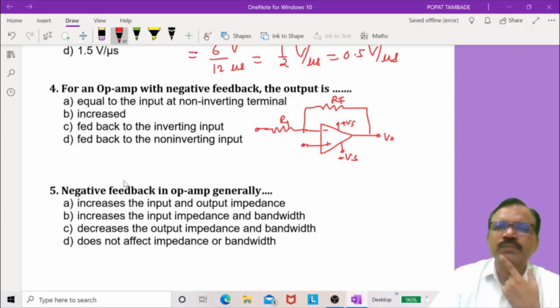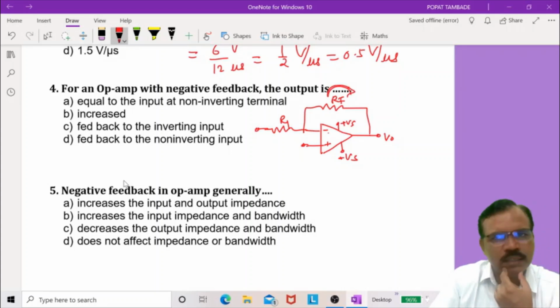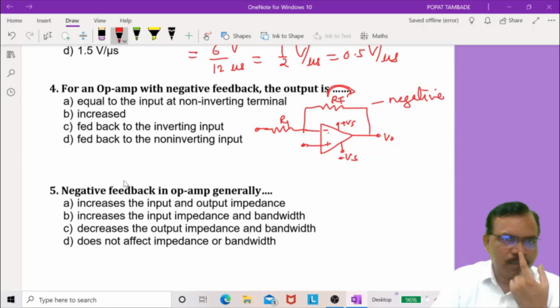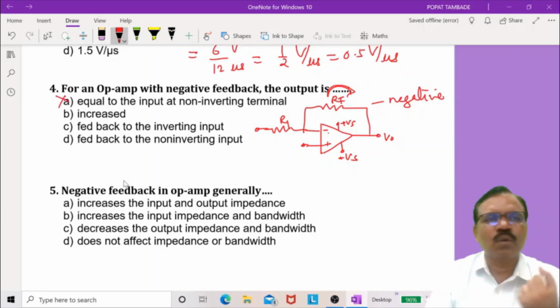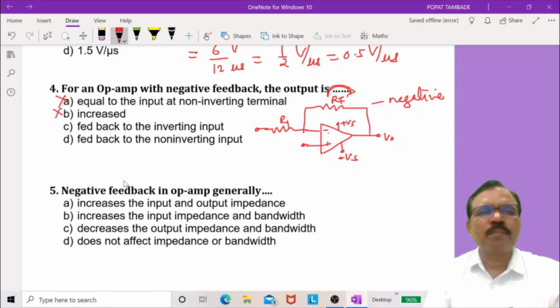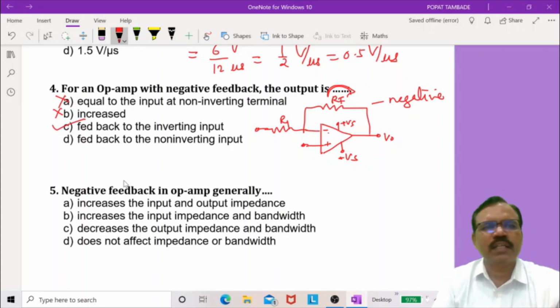This is feedback, and when the output is fed back to the inverting terminal, it is called negative feedback. So for an op-amp with negative feedback, the output is fed back to the inverting input, which is correct. Fed back to the non-inverting input is not correct. When it is fed back to the non-inverting input, that is called positive feedback.